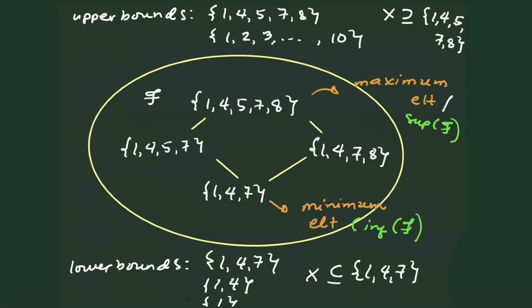We have seen that the infimum is this one and the supremum is this one. This is actually the union of all the sets in F, correct? And this infimum is the intersection of all the elements in your set F.